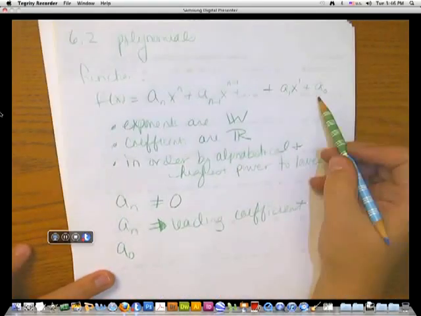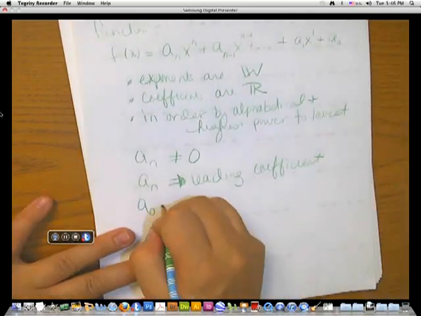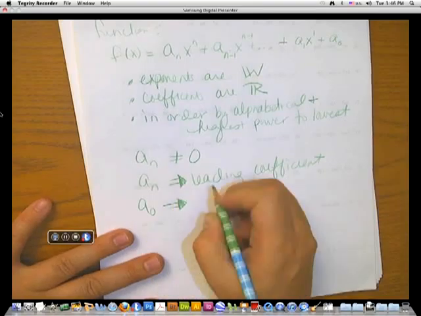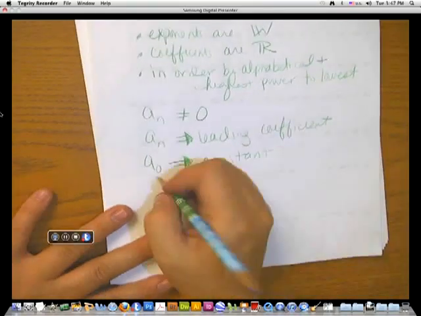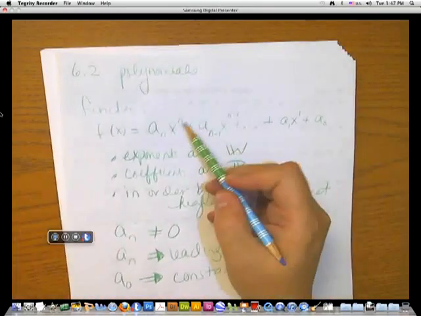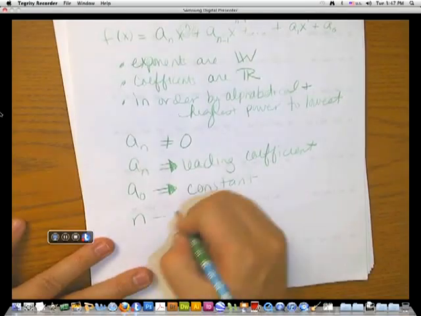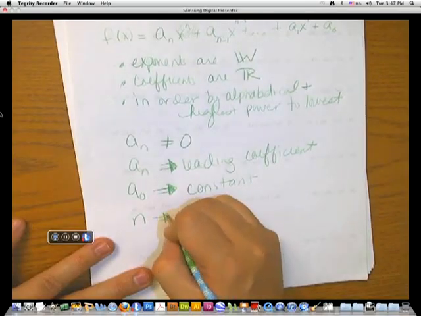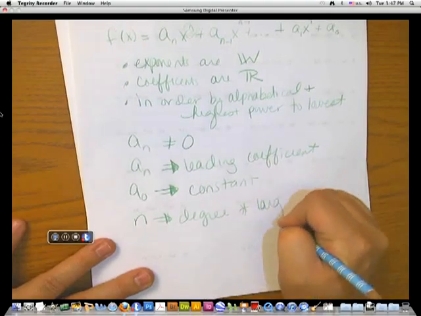A sub 0 all the way at the end here, notice there's no letter, so that means a sub 0 is the constant. This n up here is the degree, which is also the largest exponent.